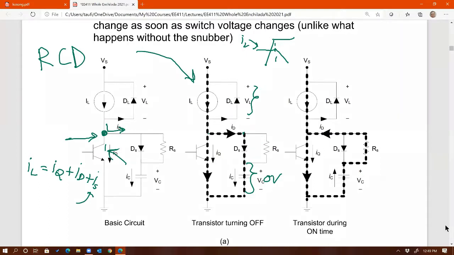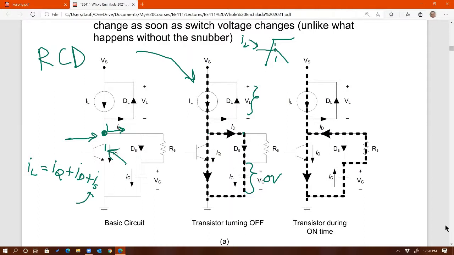The only current that is going to be carried by this diode is what's called charging current, and the charging currents will be small. But if you're just redirecting it away from a power spike from the switch, would the MOSFET or the BJT have a significantly higher voltage if we didn't have the snubber?